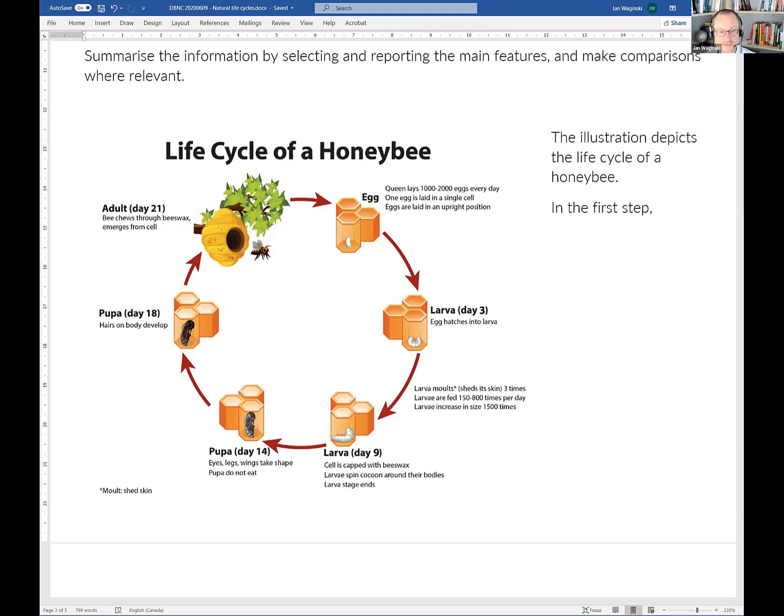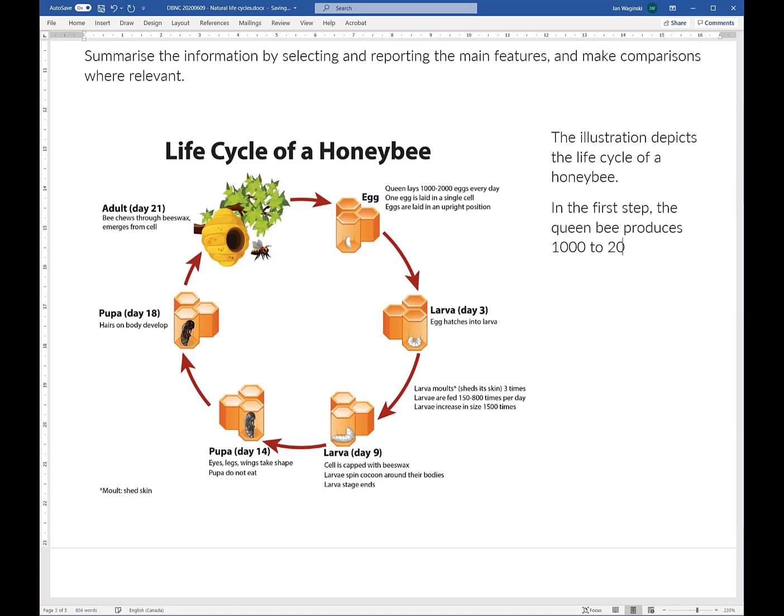Maybe you're the scientist, so you can probably tell me better. But there's a more common word that you can use for lay an egg. It's kind of a business word. In the first step, the queen bee produces. So we can say the queen produces 1,000 to 2,000 eggs every day.